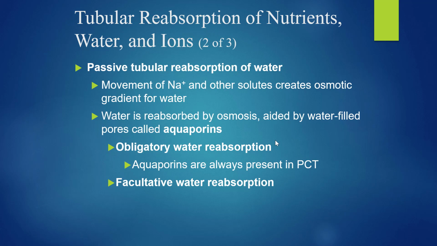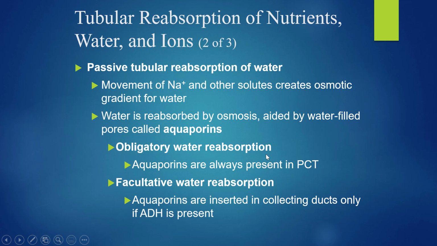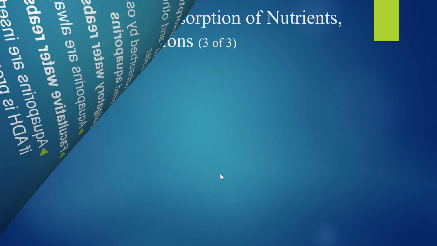This only happens whenever aquaporins are inserted in the tubule. For water to be reabsorbed, aquaporins need to be inserted in the tubule, and this happens in the collecting ducts. The insertion of aquaporins is done with the help of the antidiuretic hormone.